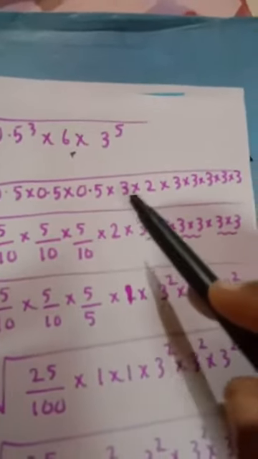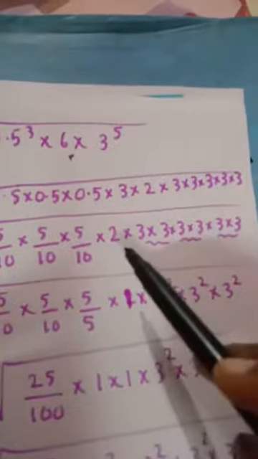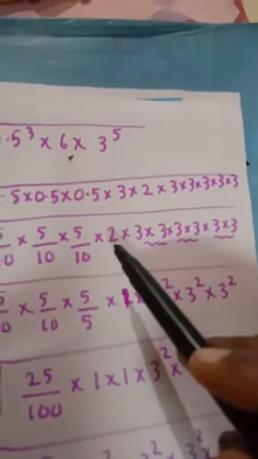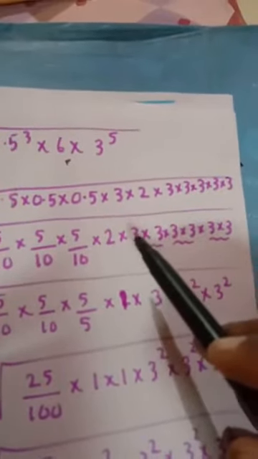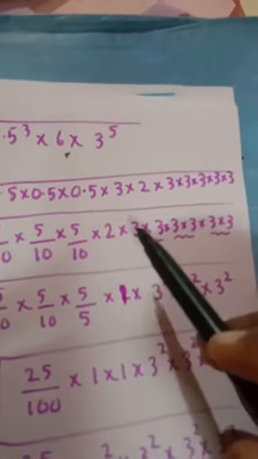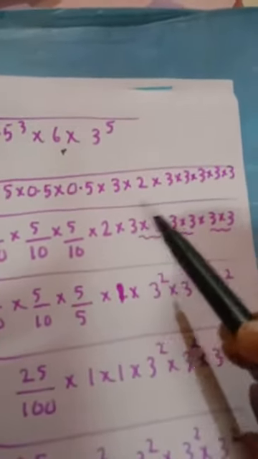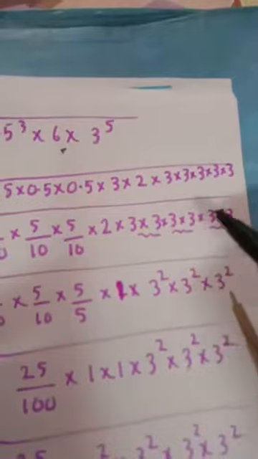Now this 6 is 3 2s. I write here 2 first, then 3. Now another 3 raised to 5 is there, 3 into 3 into 3 into 3 into 3.